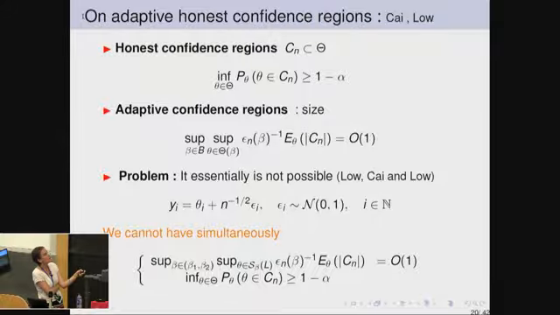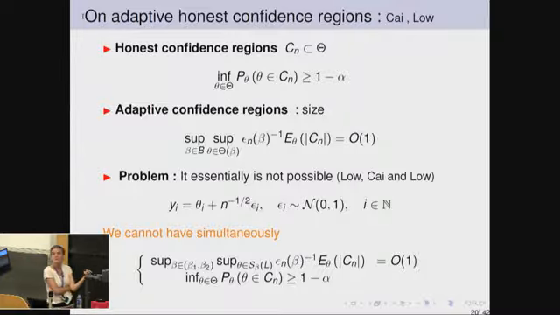So if you have this kind of model, essentially a Gaussian likelihood, what they showed is that if you wanted an adaptive confidence region over a collection of Sobolev balls that was also honest, it's not possible. You cannot be adaptive in the size and honest in the confidence simultaneously. So either you have to weaken the size, or you have to weaken the confidence in the story.